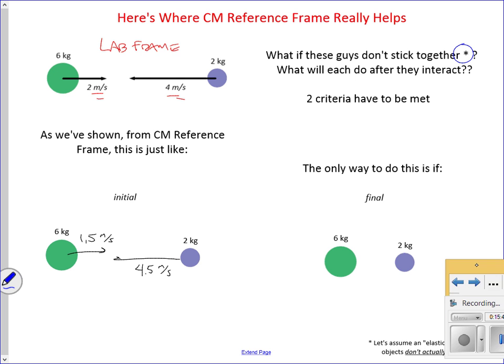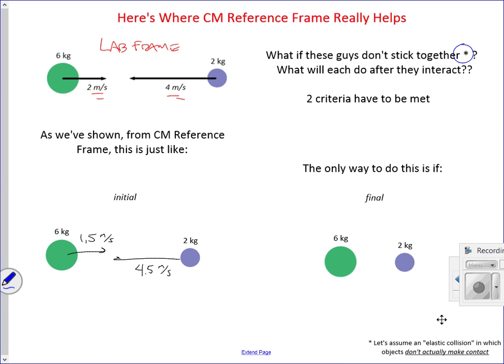And what I mean by that, notice here's my small print disclaimer down here. Let's assume that this is what we call an elastic. Sometimes I say perfectly elastic because I don't want to say anelastic where it sounds like inelastic. An elastic collision.